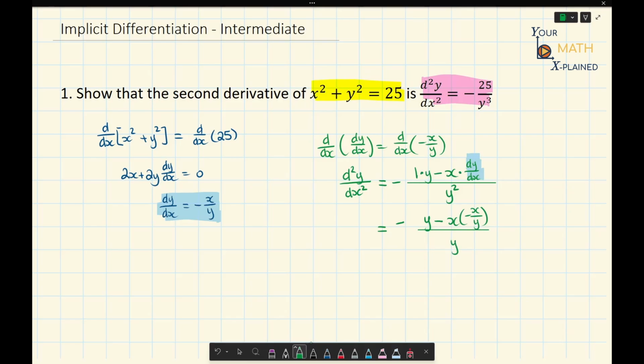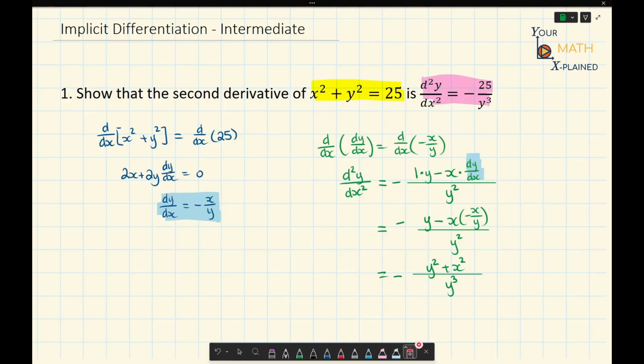squared. And now let's go ahead and simplify our numerator. So we get this is negative, and then we're going to need to put our numerator over a common denominator. So we're going to put both terms over y, which ends up being y squared over y plus x squared over y. And then we can actually just combine that y with the y squared on the bottom to get y cubed.